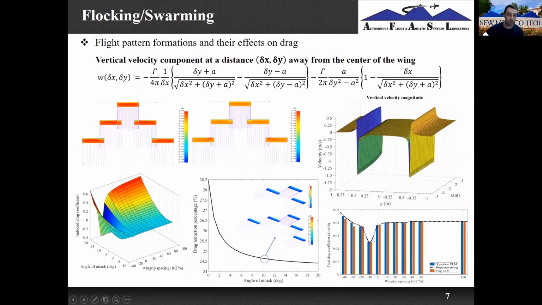There are different methods to run different aerodynamic analyses. What we wanted to do is simulate this. It's so complicated to fly a bunch of drones together to see what would happen, so as engineers, we usually look at other opportunities that are available to run different types of simulations.